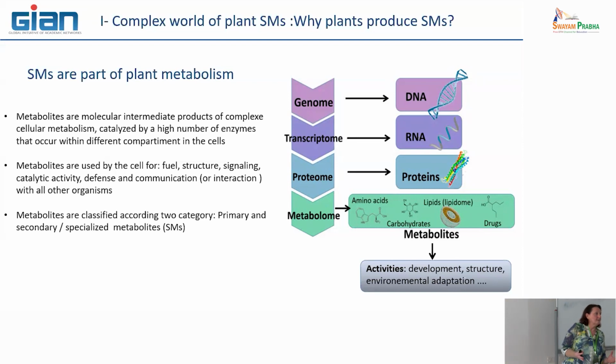In the cell, it's quite easy because it's a natural thing. When we see how to do the same in other cells, for example in yeast, we will see that it is completely different, because we need to build by ourselves this coordinated system to express all the steps of the metabolic pathway.